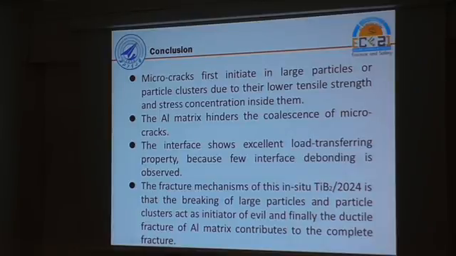During the tensile test, we can conclude that the interface shows excellent load transferring property because few interface debondings are observed. And the last one is that the fracture mechanism of the in-situ titanium diboride 2024 is that the breaking of large particles and particle clusters acts as the initiator of cracks, and finally the ductile fracture of the aluminum matrix contributes to the complete fracture. That's all.